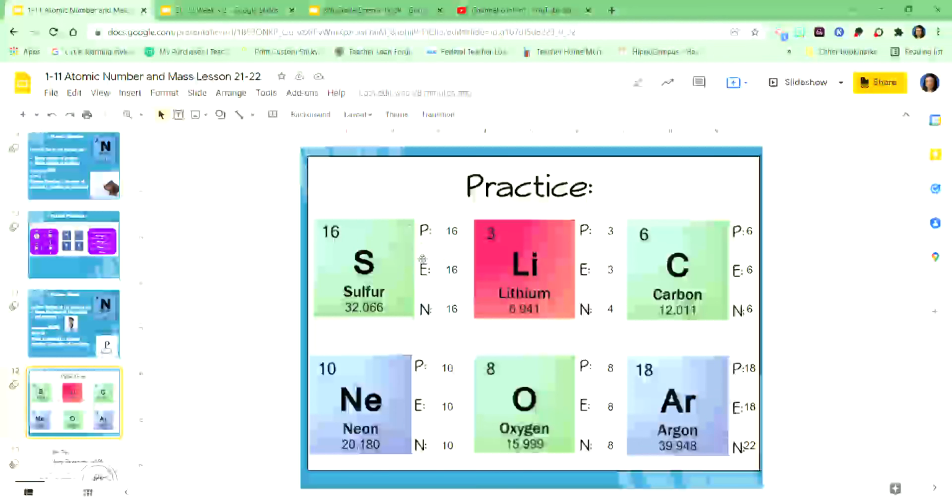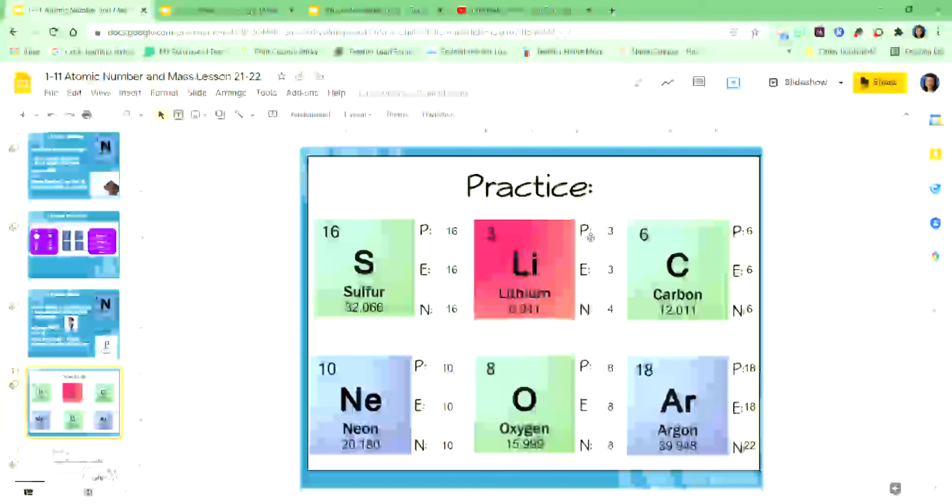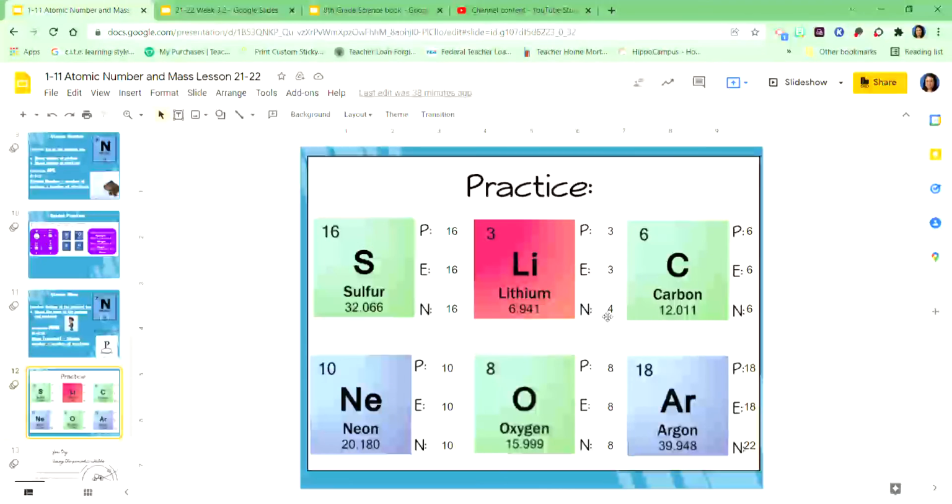Remember that the P and the E will always be the same because you have the same number of protons and electrons. So like lithium right here, there's 3. We're going to take the atomic number, that is protons. So lithium has 3 protons, 3 electrons, and then we would find the neutrons.